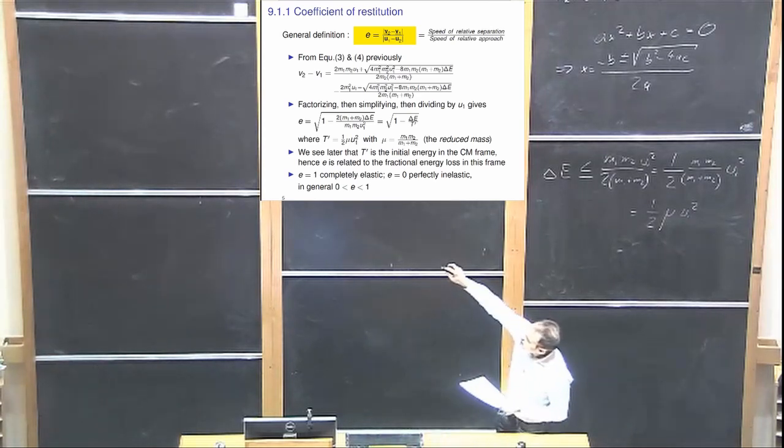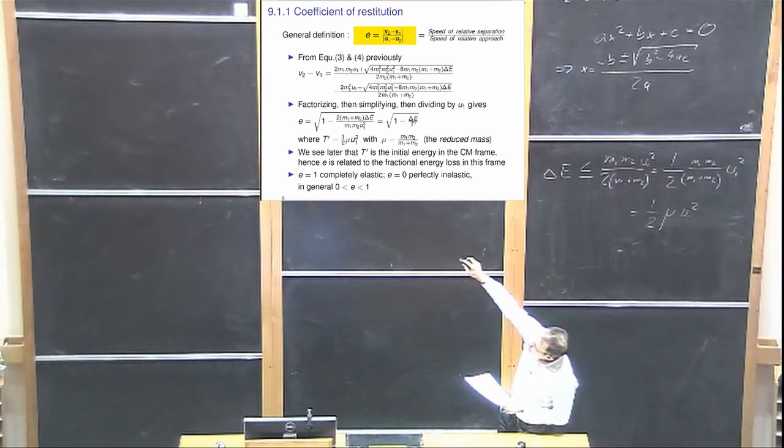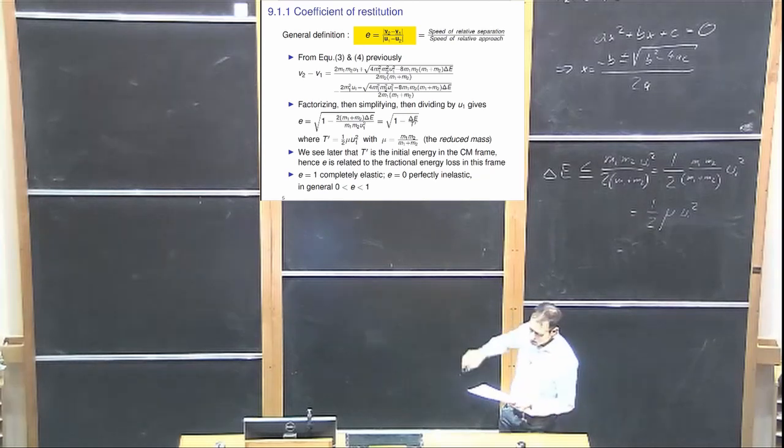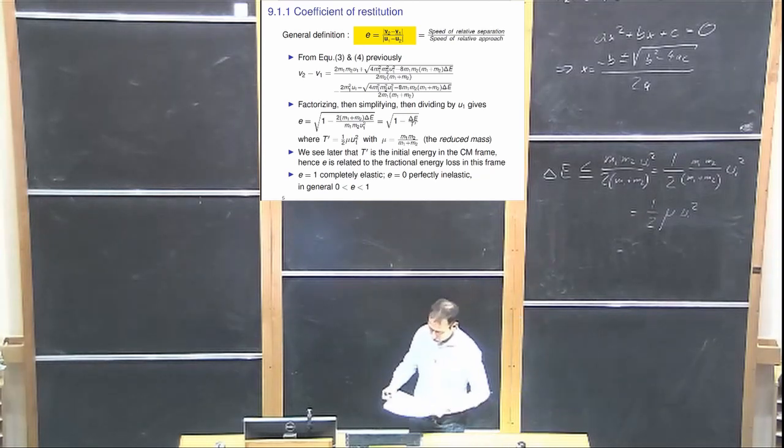So you basically take the top term times M1 over M1. You want to get them on the same fraction, so you multiply the top one with M1 over M1 and the bottom one with M2 over M2, and then it simplifies.